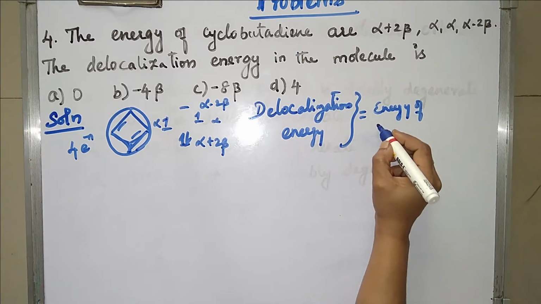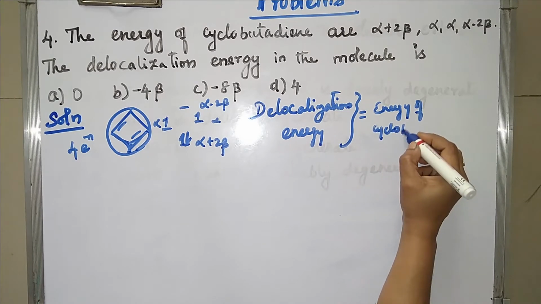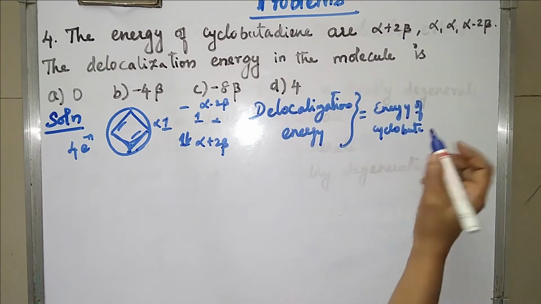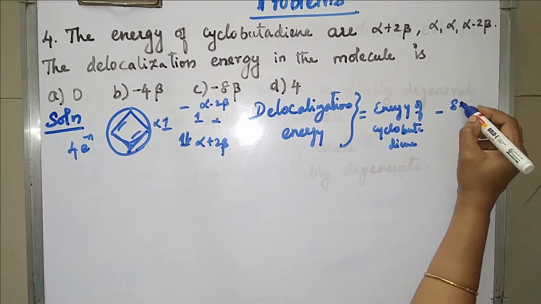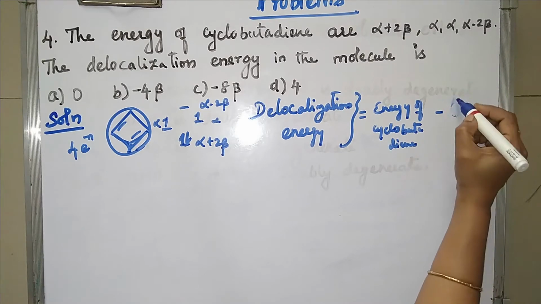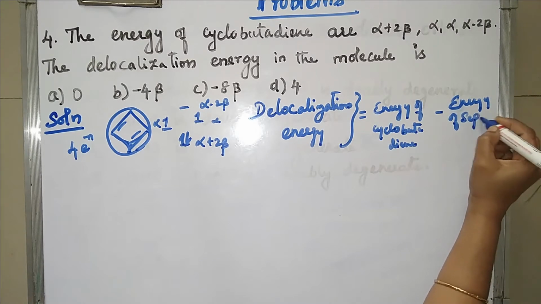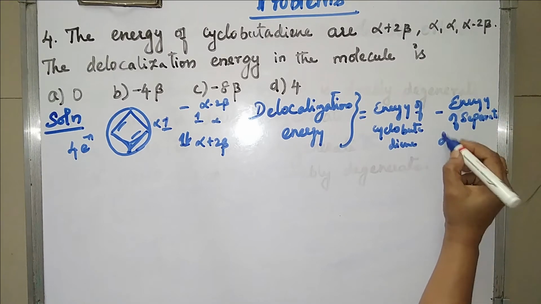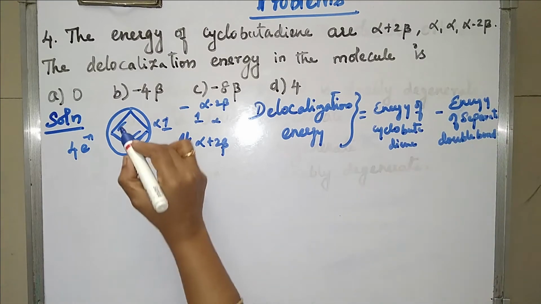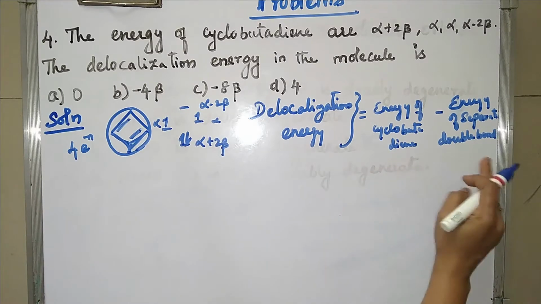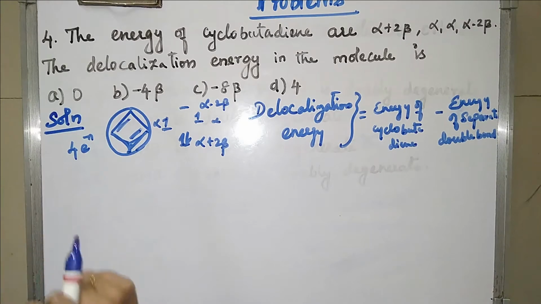Energy of cyclobutadiene minus energy of separate double bonds. How many double bonds are there here? 2 bonds are there. Separately we need to find the energy and then find the difference. That is the delocalization energy that they are asking here.